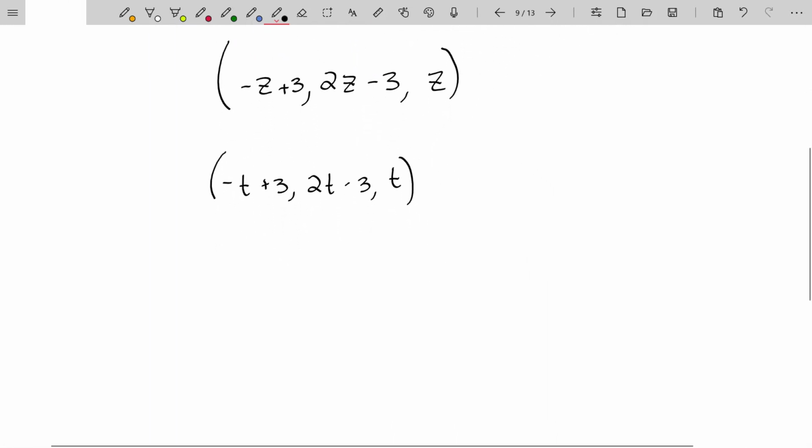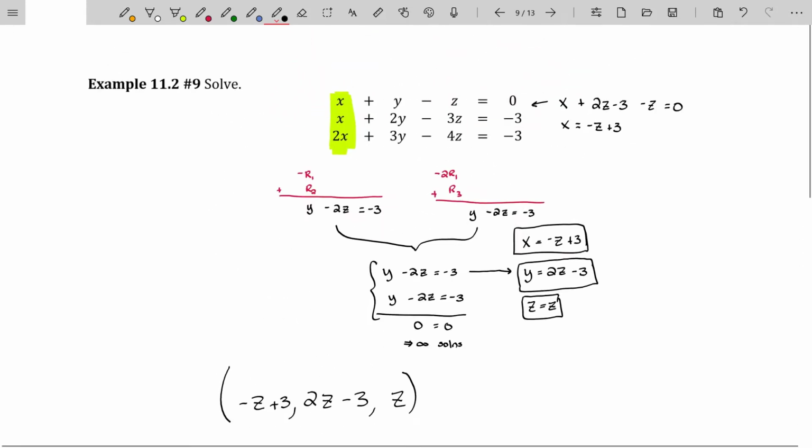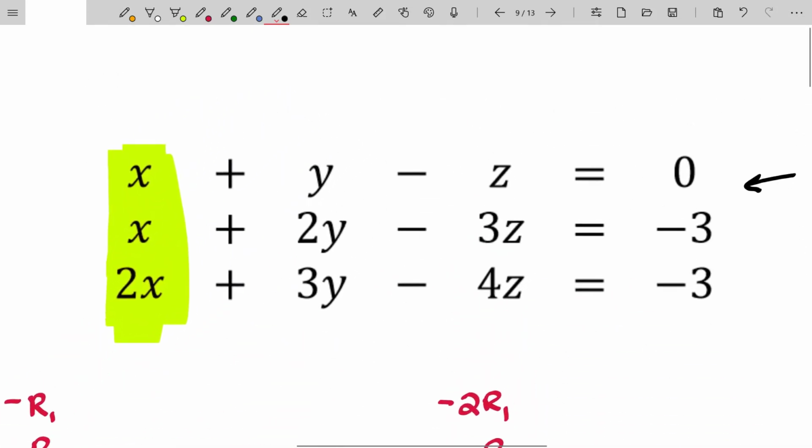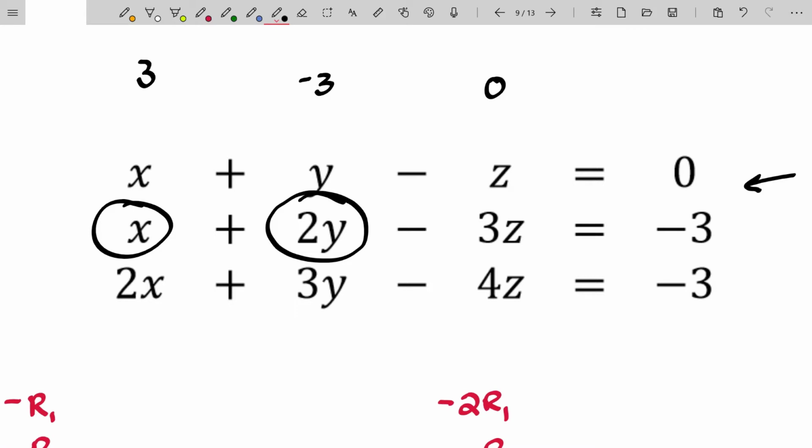For example, if you let t equal 0, just pretend, you get 3, negative 3, 0. If you go to the original system of equations, if you let x equal 3, y equal negative 3, and z equals 0, 3 plus a negative 3 plus 0 is 0. That should make sense. 3 minus 6 is negative 3.